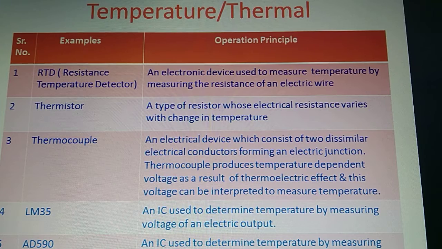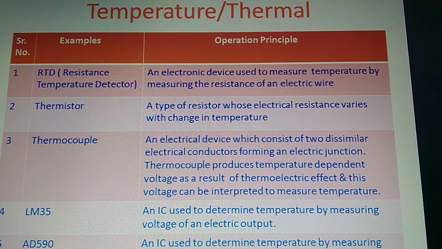Thermocouple produces temperature dependent voltage as a result of thermoelectric effect, and this voltage can be interpreted to measure the temperature. You have studied these thermocouple, thermistors and temperature dependent resistors, so you are well aware of this. Next two you might have studied in electronics.